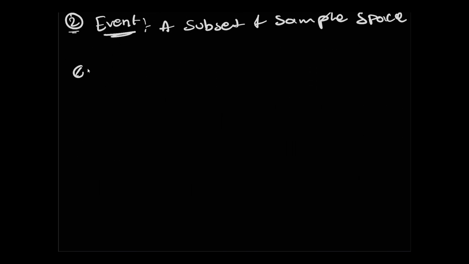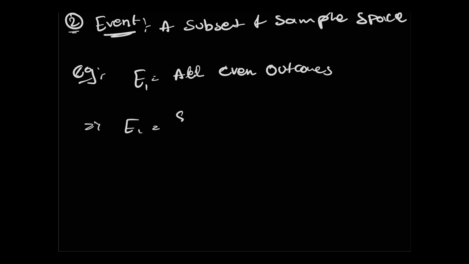For example, let us assume event E as, when you roll a dice, all even numbers. All even outcomes we call event E1. Then event E1 will be 2 comma 4 comma 6 by rolling a dice.